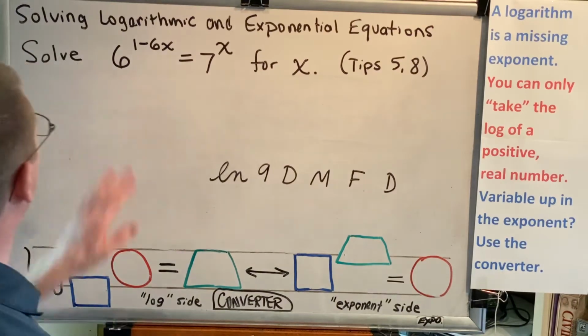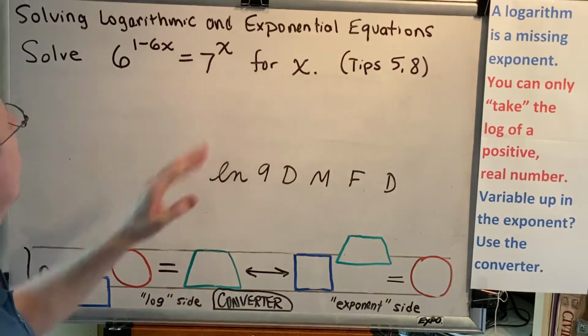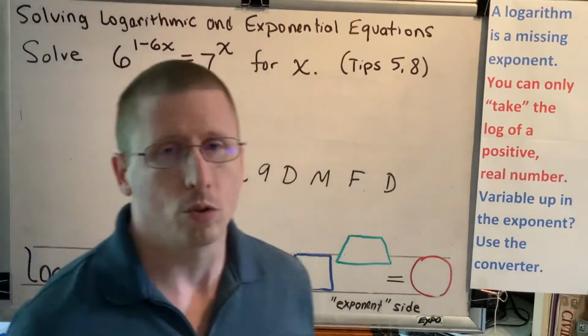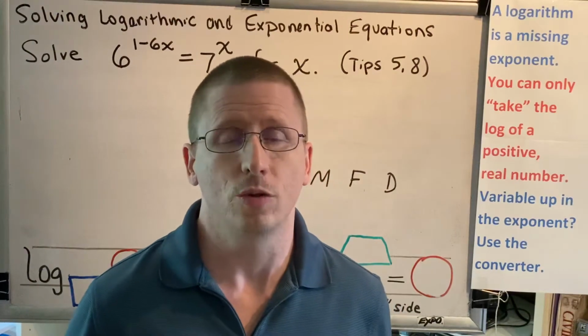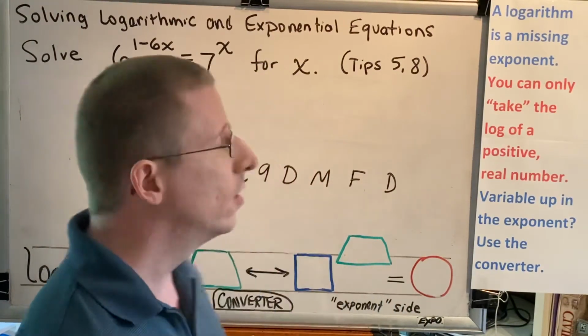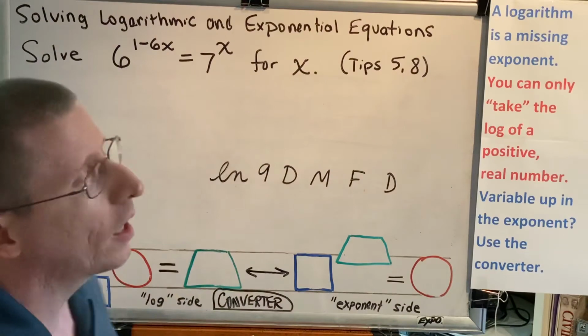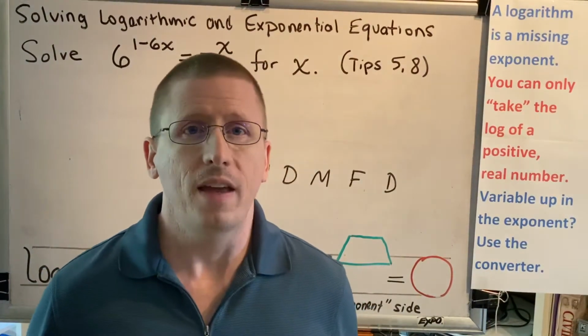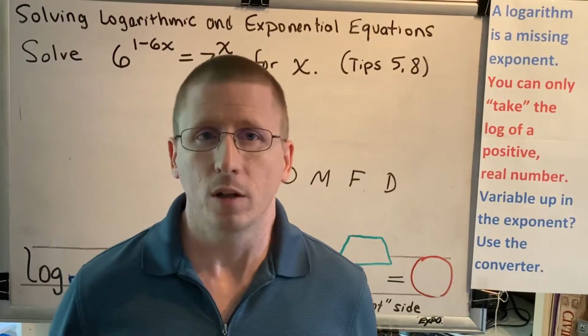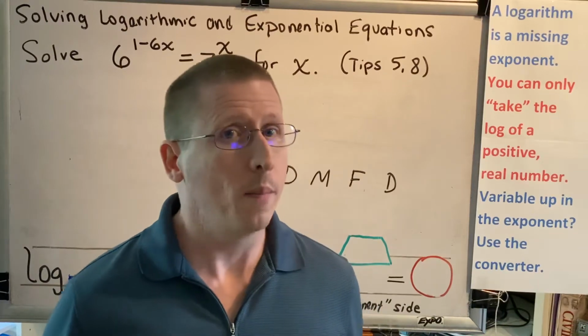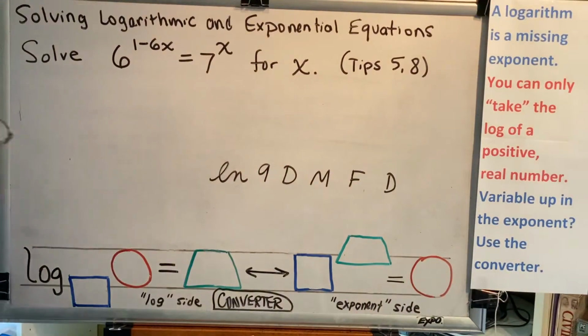You could do log base 6 of both sides, you could do log base 7 of both sides, you could do log base 10 of both sides, you could do log base e of both sides. I've chosen the natural log here because it aligns with the help resources that are available to you in your web math learning platform. All right, so with this in mind, let's go ahead and begin.